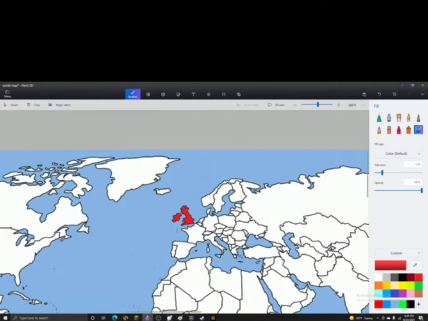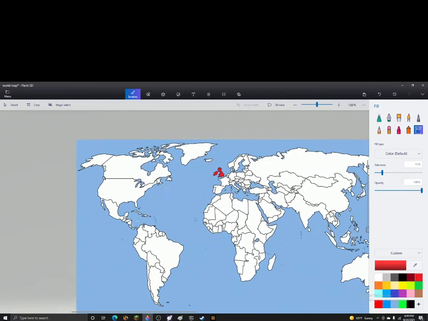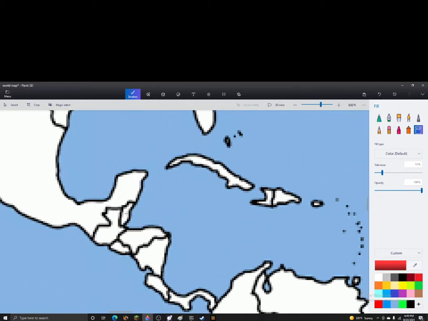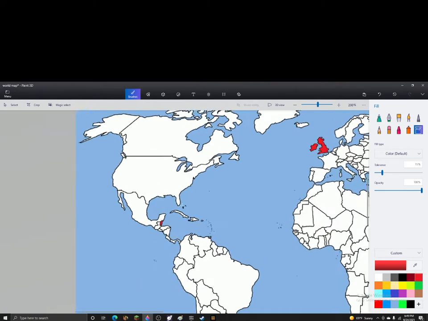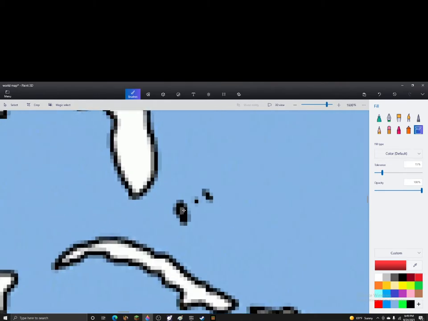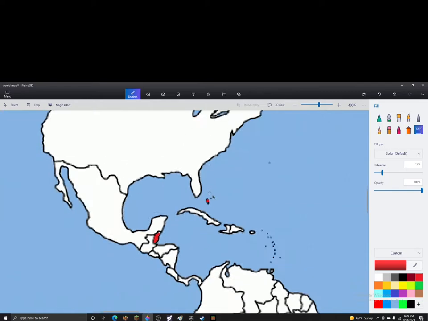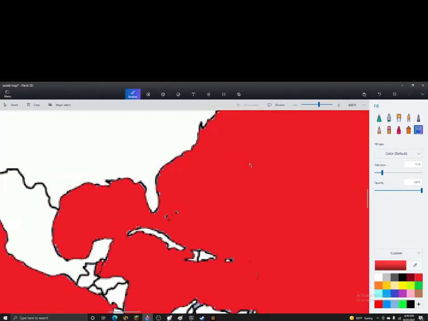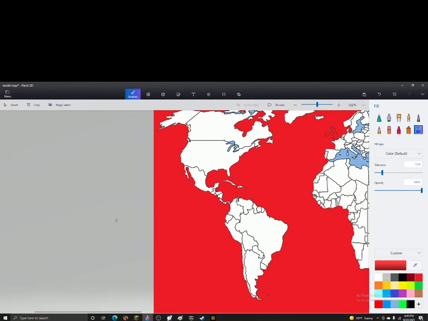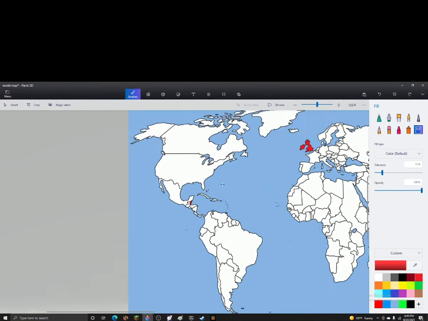They had the island of Britain, they had Ireland, Belize, and just for fun, I'm gonna give them their modern borders as well. The Bahamas, Bermuda. Oh my gosh, that's not what I meant.